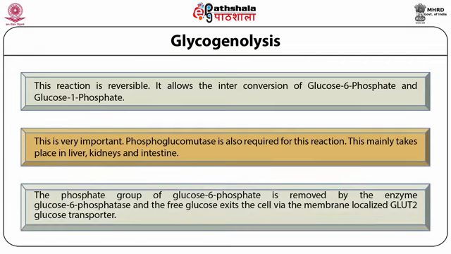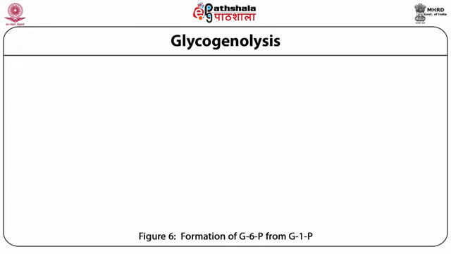The phosphate group of glucose 6-phosphate is removed by the enzyme glucose 6-phosphatase, and the free glucose exits the cell via the membrane-localized GLUT2 glucose transporters. That is the formation of glucose 6-phosphate from glucose 1-phosphate.